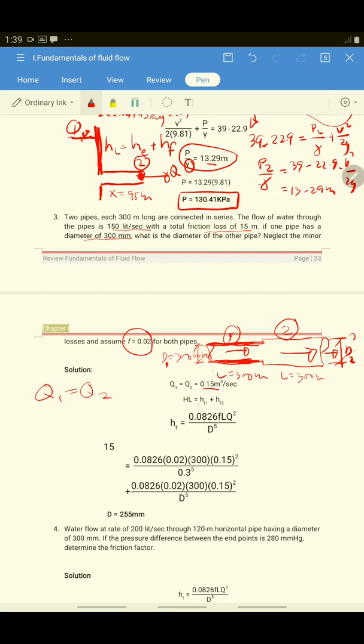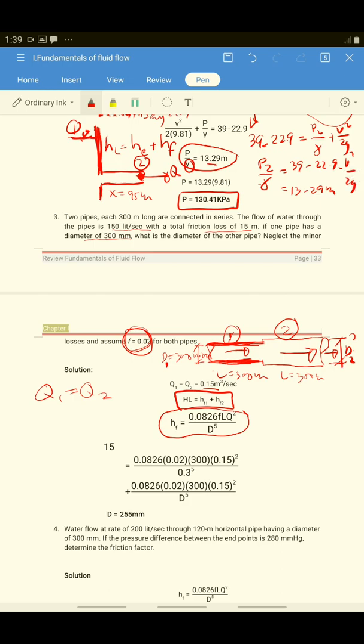Since the pipes are in series, you are going to add the head losses, unlike for parallel pipes, where the head losses are equal. Since the friction factor is also given, we will use the Darcy-Weisbach equation in determining the head loss of each pipe.